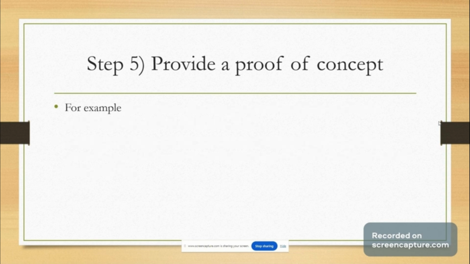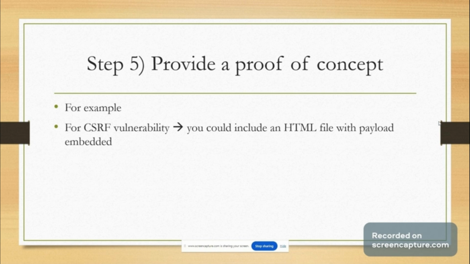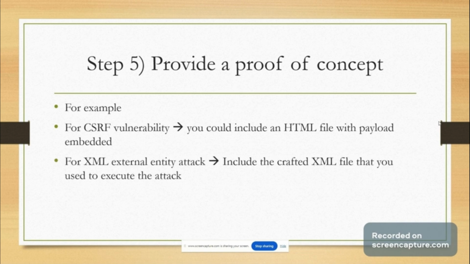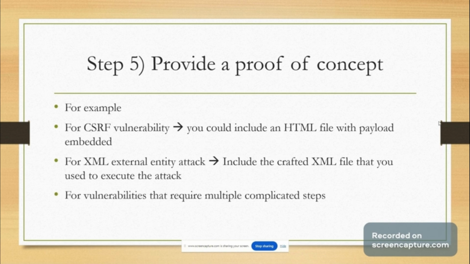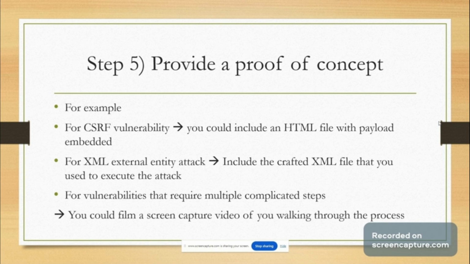For example, for a CSRF vulnerability, you could include an HTML file with the payload embedded. For an XML external entity attack, include the crafted XML file that you use to execute the attack. For vulnerabilities that require multiple complicated steps, you could film a screen capture video of you walking through the process.